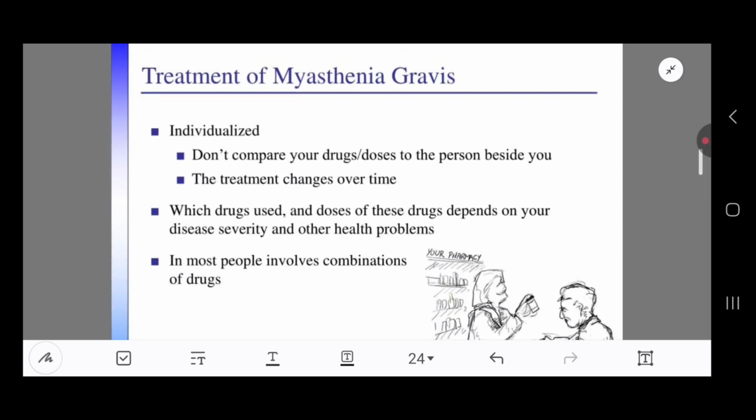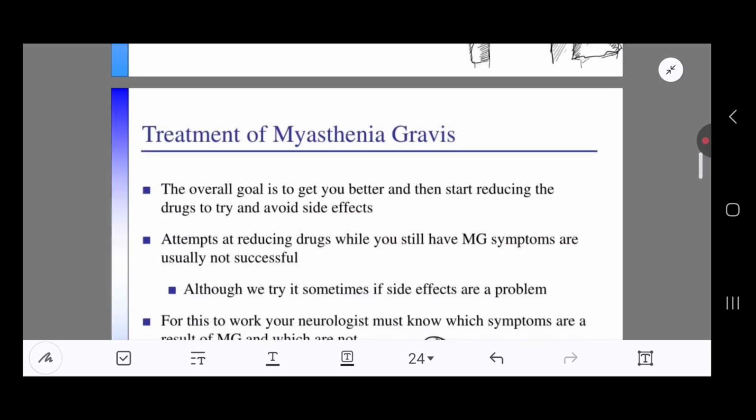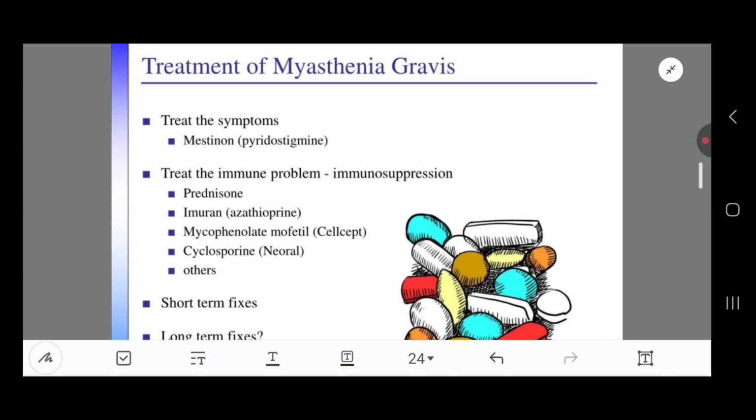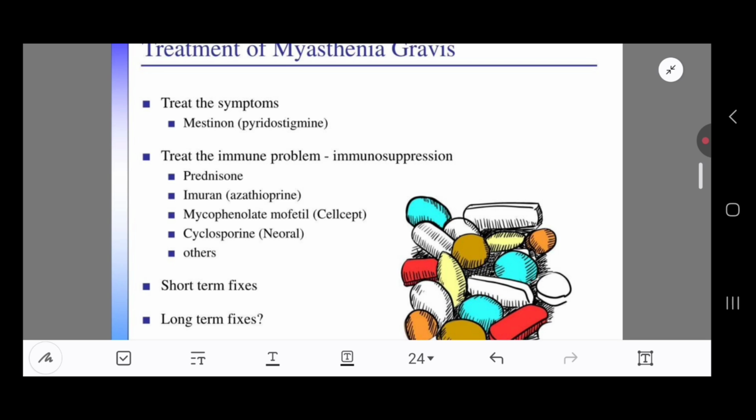About the treatment of myasthenia gravis, the main treatment is the immunosuppression mechanism. In order to treat myasthenia gravis, we have to suppress the immune system. Basically, we have some drugs like Mestinon, prednisone, Imuran, mycophenolate mofetil, cyclosporine, and others.